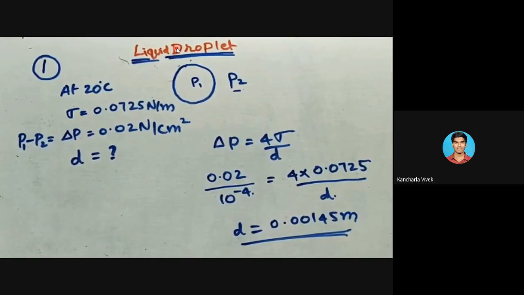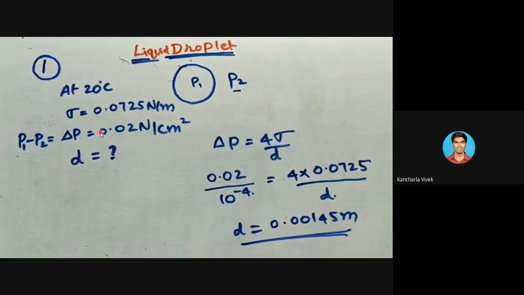So for a liquid droplet, the first formula, change in pressure equals 4 sigma by d. Here sigma we have in Newton per meter, while delta P we have in Newton per centimeter square. So instead of converting meter into centimeter, for easier calculation it will be better to convert centimeter into meter. So this value will be further decreased. So what do we get here? 1 meter equals 100 centimeters, so 1 square centimeter is 10 power minus 4 square meter, right?